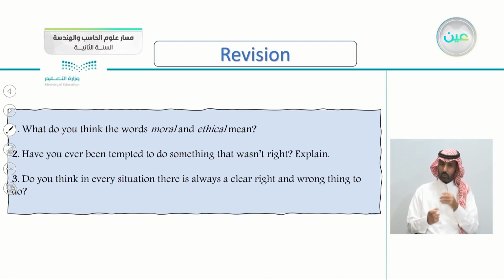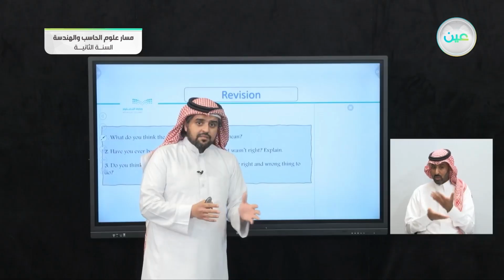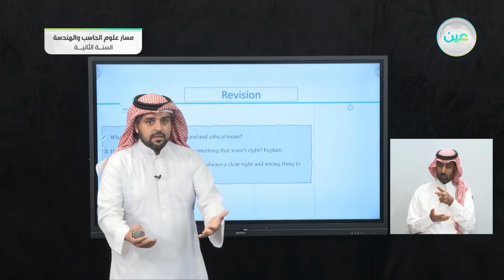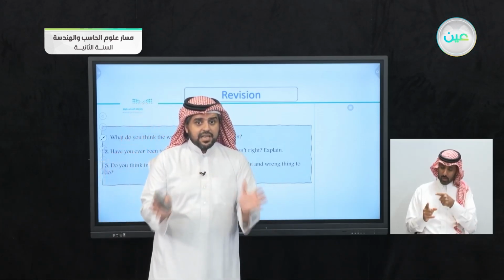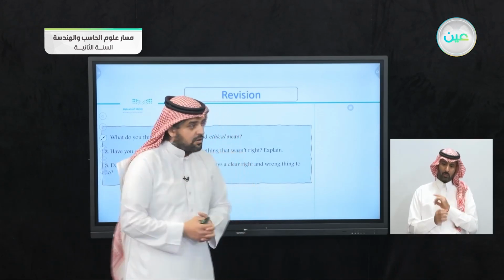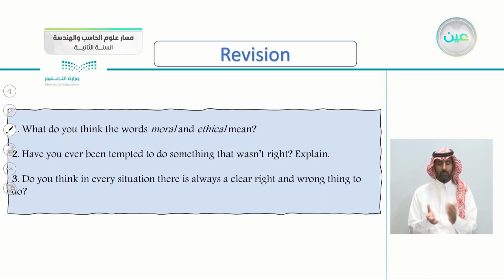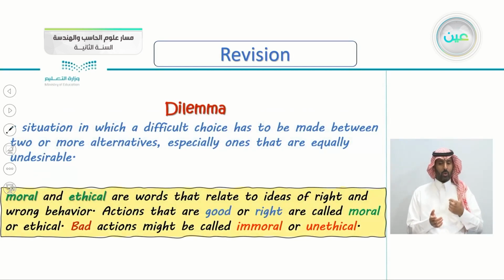Do you think that in every situation you face, the right and wrong options are clear? For me, of course, I don't think that. Sometimes you don't know what's right or wrong. This is what we call a dilemma. A dilemma is a situation in which a difficult choice has to be made between two or more alternatives, especially ones that are equally undesirable.